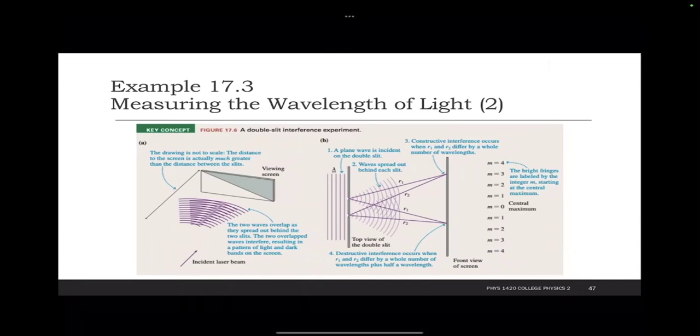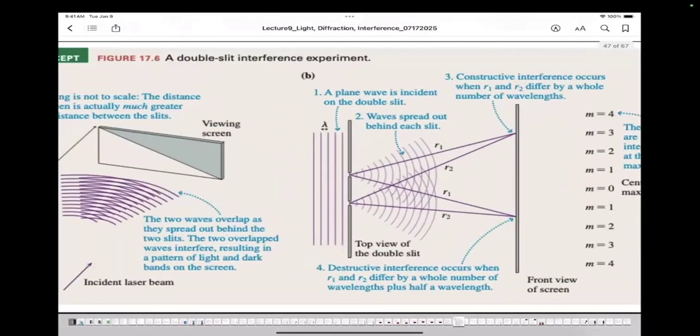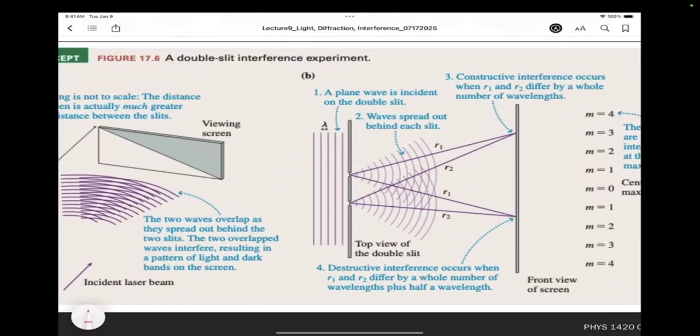If there is a double slit, and you view the screen, you will see this one is bright, this is dark, bright, bright, bright.